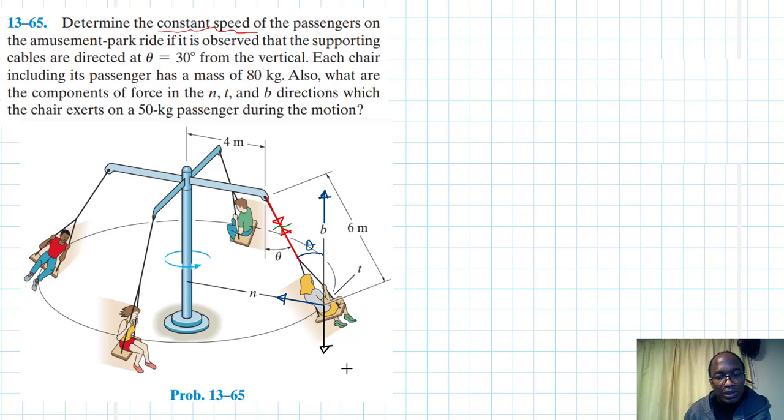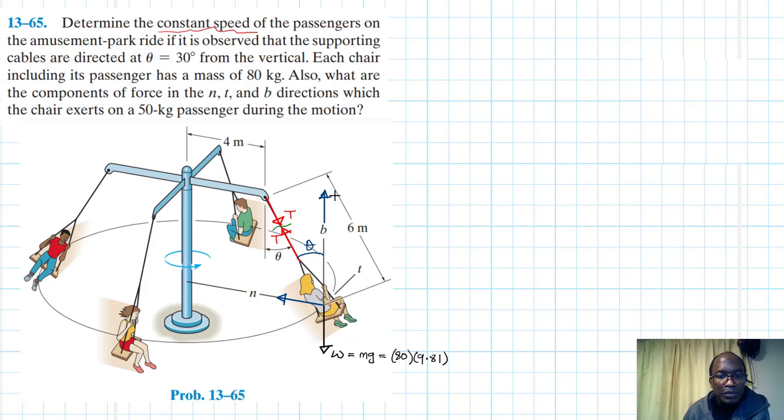Let's assume that is the centroid. So we have W equal to mg, which is 80 kg, that is the chair plus the person, times the acceleration due to gravity, 9.81.